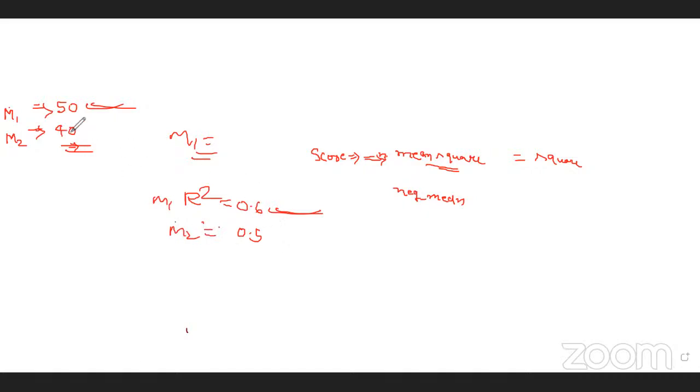But here we put negative values: minus 50 and minus 40. Which one is greater? Obviously minus 40. So SGD regressor will give you M2 as the better model, and that is what we wanted. So to do that, we use the negative sign. That is the one I wanted to cover.